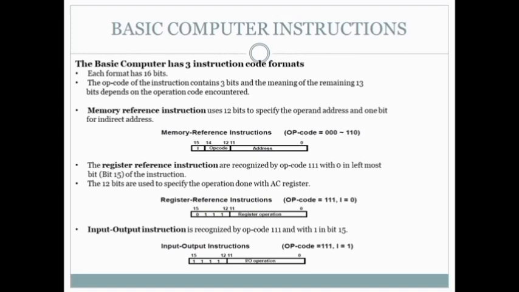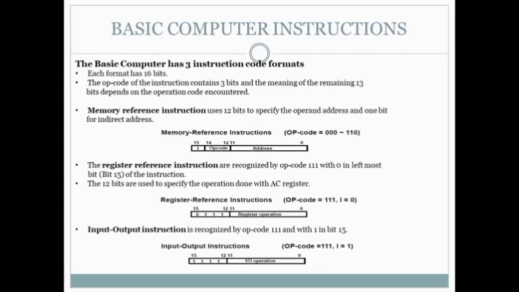I'll just read the definition of the other instructions, and here they are. The register reference instructions are recognized by opcode 111 with 0 in the leftmost bit, which is bit 15 of the instruction. The 12 bits are used to specify the operation done with the AC register. As you see, bits 0 to 11 hold the register operation, and the remaining bits 12, 13, 14, 15 hold 0, 1, 1, 1.